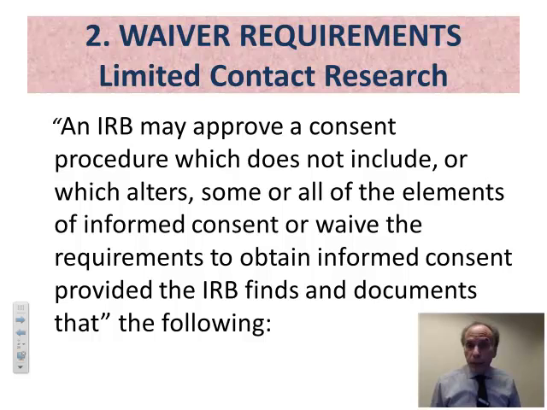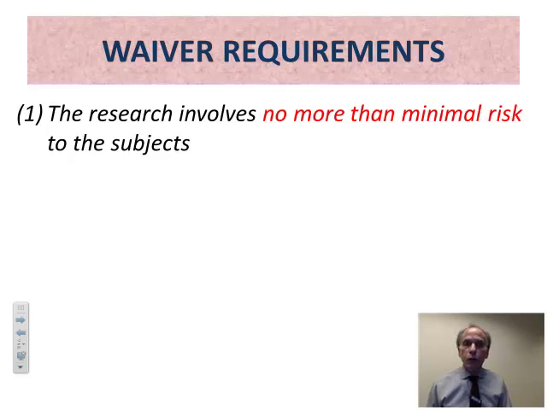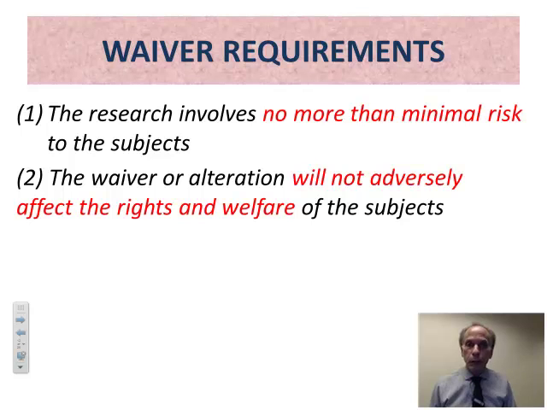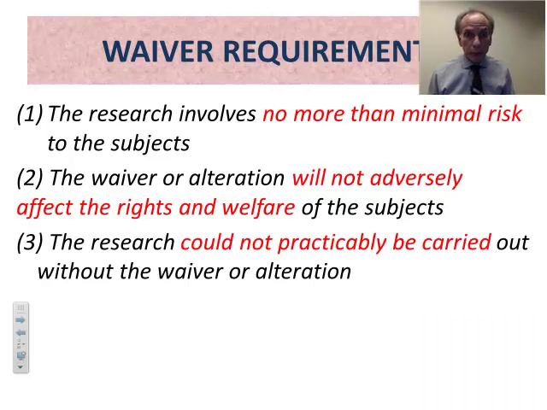Regarding waiver requirements for limited contact research, the Common Rule states that an IRB may approve a consent procedure which does not include or which alters some or all of the elements of informed consent, or waive the requirement to obtain informed consent, provided the IRB finds and documents that 4 criteria are met. 1, the research involves no more than minimal risk to the subjects. 2, the waiver or alteration will not adversely affect the rights and welfare of the subjects. 3, the research could not practicably be carried out without the waiver or alteration.